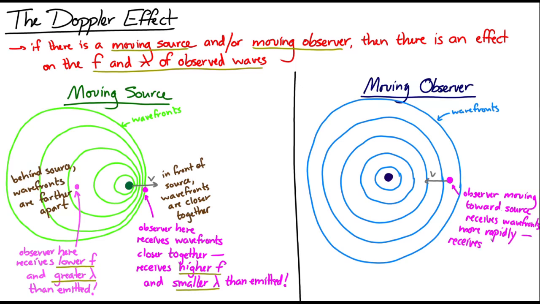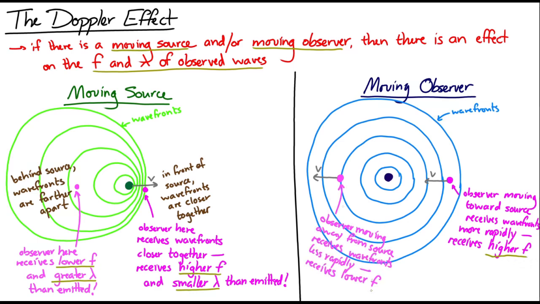If it's encountering the wave fronts more rapidly, then it's going to perceive a higher frequency. Likewise, if the observer is moving away from that source, then the observer will encounter the wave fronts less frequently, meaning that it will perceive a lower frequency and consequently a greater wavelength.